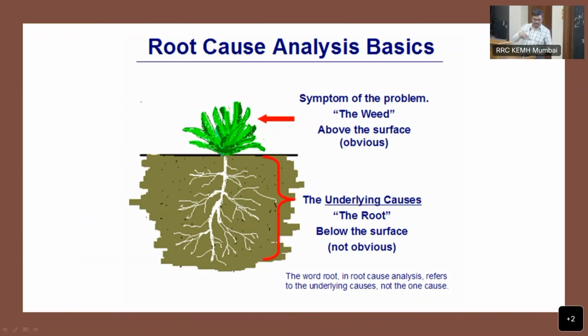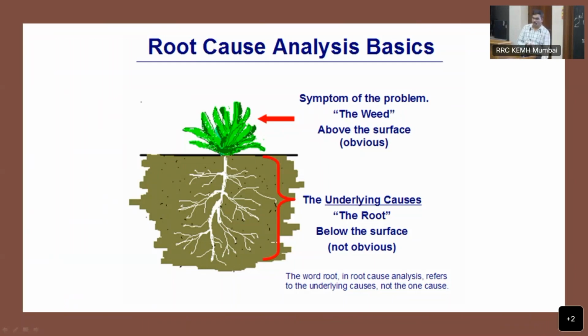Everybody knows that if there is a weed growing in the field, we have to remove that weed to improve the yield of the crop, right? But we should not just cut it. It's just a manifestation of the problem, just a symptom of the problem. We have to uproot it to get the desired result.